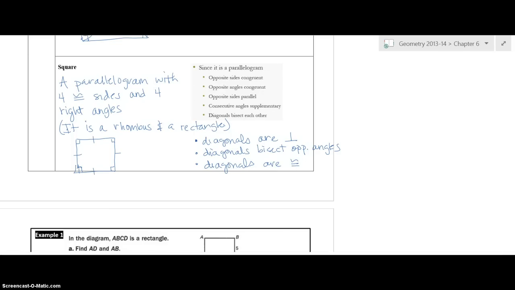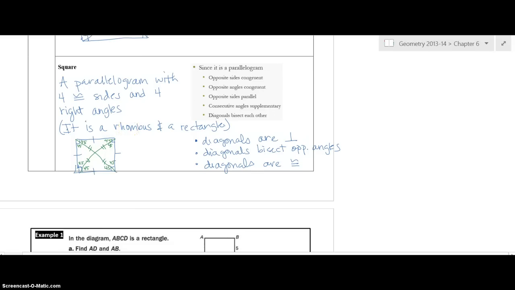So what actually ends up happening, if you draw your diagonals in here, all four pieces here are congruent because the diagonals cut each other in half and have the same length, so you end up getting four equal pieces there. And when you bisect the 90-degree angles, you actually get 45-degree angles in here. And that happens every single time on a square. This is the most special figure that we're going to talk about.